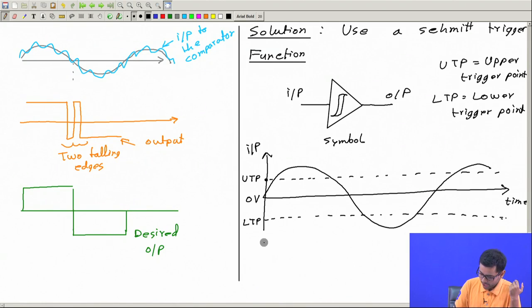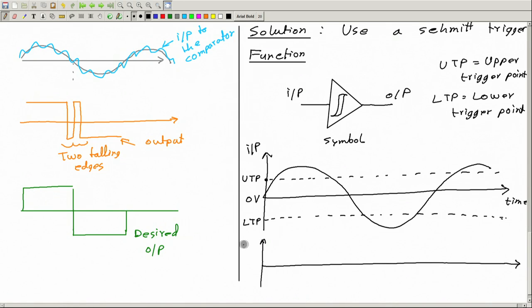Okay. Now, output, let me draw it here. So this is output. Let us start with some assumption that the output is initially negative.